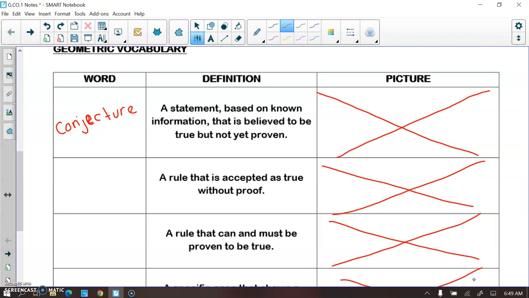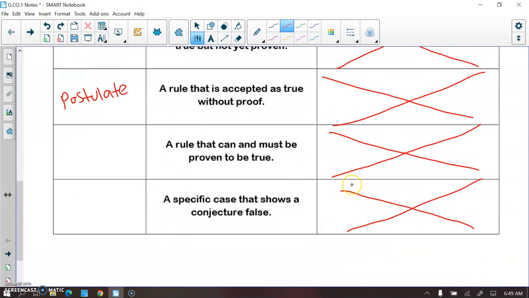Next, a rule that is accepted as true without proof. That is a postulate. A rule that can and must be proven to be true. That is a theorem. Theorem can also be abbreviated as THM.